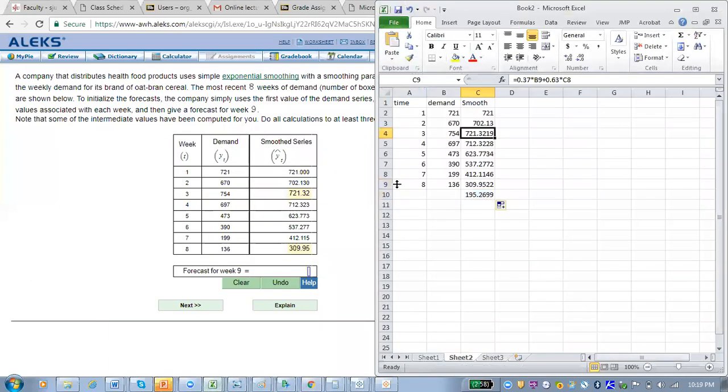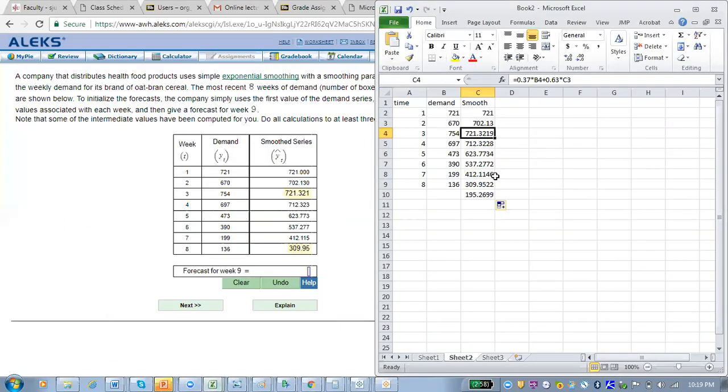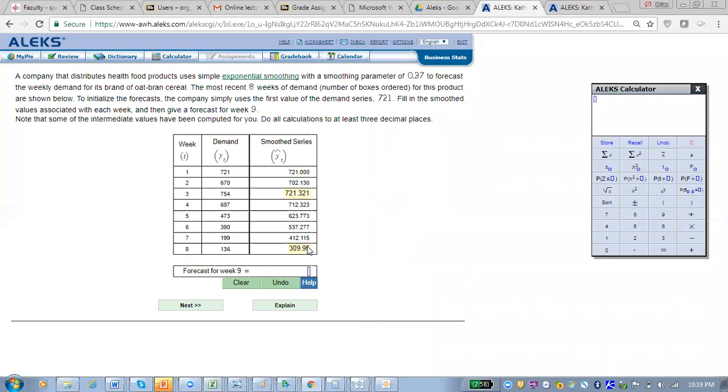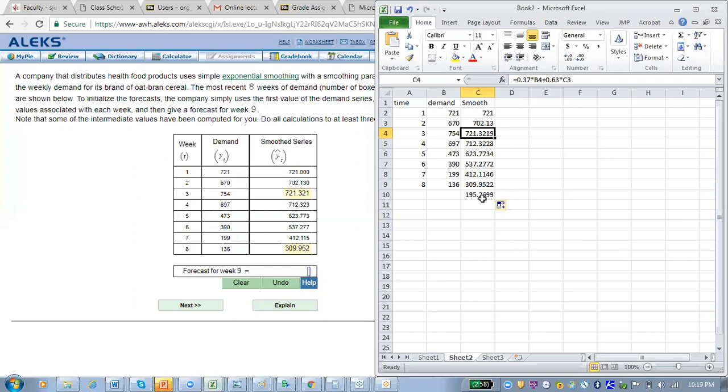This should have been 3, 2, 1. So doing one where you actually put the weights in will help you to see what's happening. That was 952. And then the last calculation is 195.2699 or 0.2.